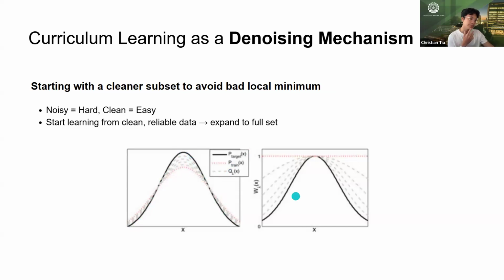This is done by the plot on the right, where the y-axis is the weight. At the start, we underrepresent the less confident examples on the tails, and we only fully represent the ones in the center, which are high confidence.